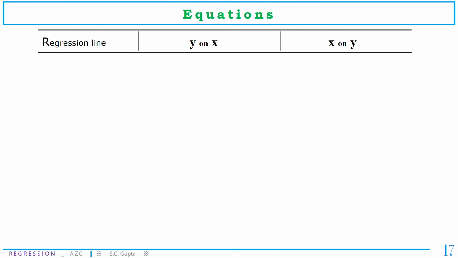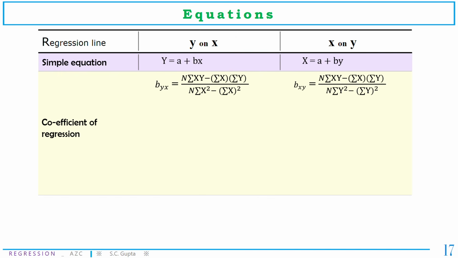Equations applied in regression analysis. The simple mathematical equation used is y equal to a plus bx, which is generally popular in science as y equal to mx plus c. Coefficient of regression means slope. The coefficient for the regression line y on x is b y x, and for the regression line x on y is b x y.